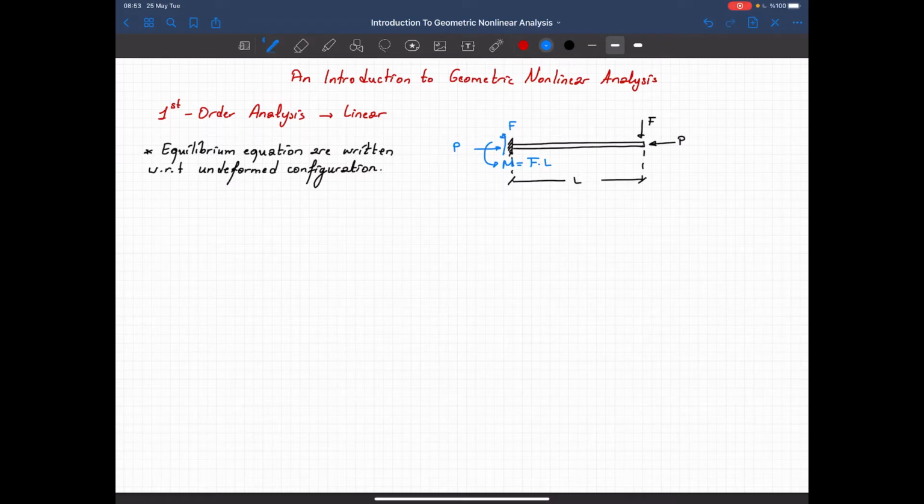The other thing that we say is under these loads, the structure deforms, right? We will see some deformation here. And again, we calculate the effect of the loads just looking at the undeformed shape as well. So we say that the effect of loads are considered according to the undeformed configuration.